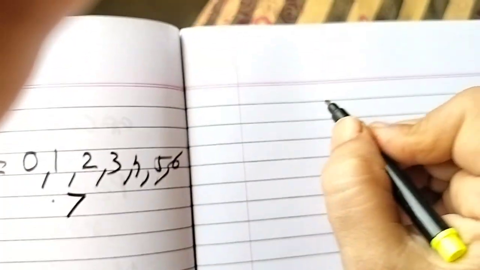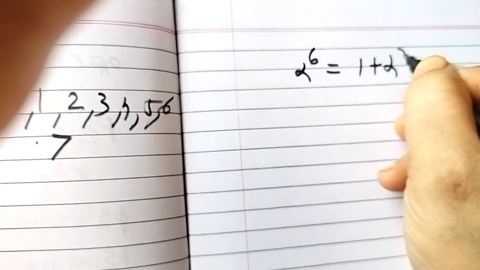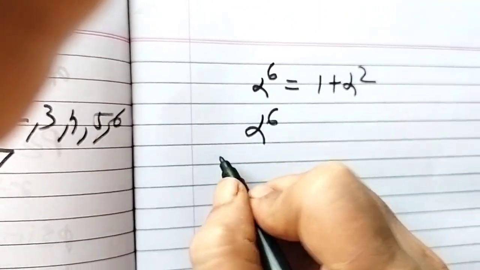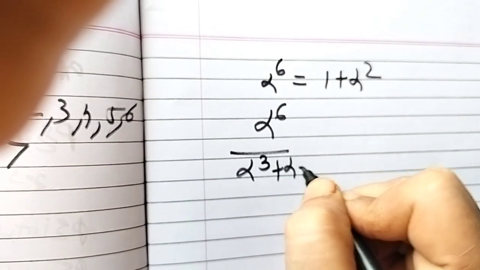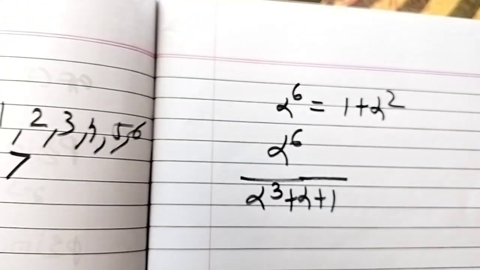Suppose alpha raised to 6 you got as 1 plus alpha square. There is another method to obtain it. We are obtaining it over the primitive polynomial alpha cube plus alpha plus 1. So you have to divide alpha raised to 6 by alpha cube plus alpha plus 1 and obtain its remainder.